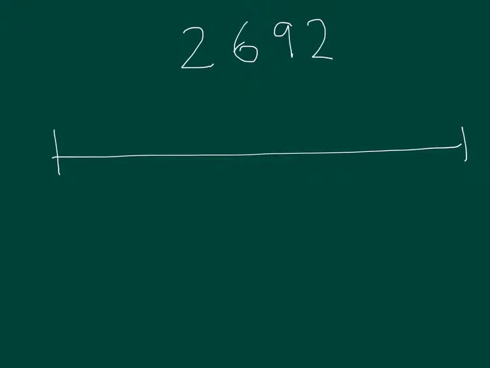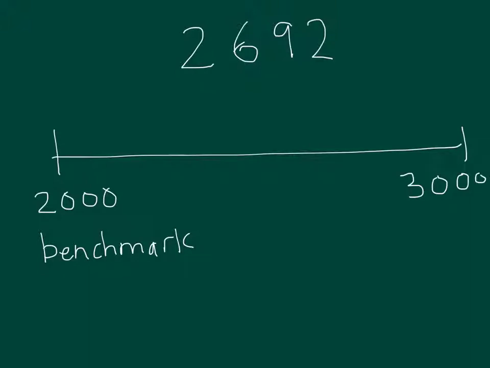Well, we see the 2, so we know 2,000 will be the first benchmark because it's less than this number. And now to skip count, what's the next 1,000 after 2,000? Well, 3,000, because we know 3 comes after 2, and it's just thousands. So 2,000 is the first benchmark, 3,000 is the second benchmark.